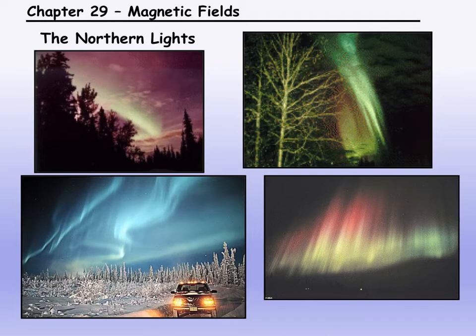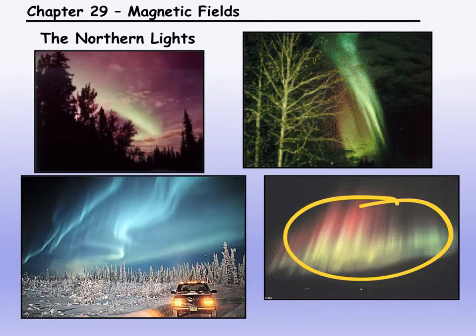The reason that you see colors sometimes is an artifact of the different particles or gases that make up the atmosphere on that particular day. So when you see the northern lights, know that it is an artifact of something that happened in the sun a day or so ago. And we can predict when good northern lights are going to happen by watching what's going on with the sun.